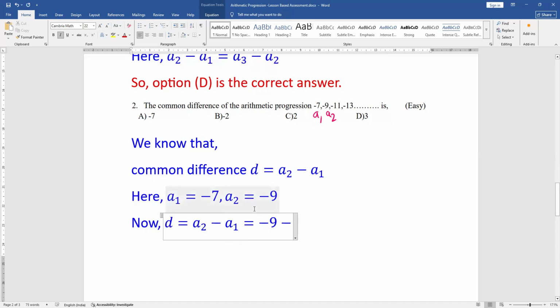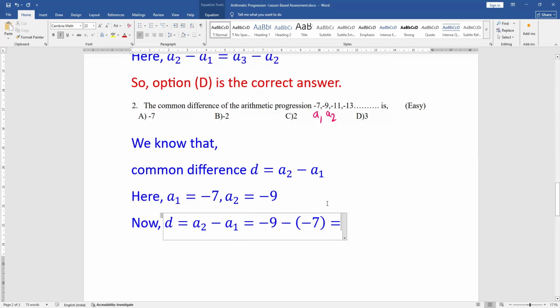So a2 is -9, a1 is -7. Again I use a bracket. Whenever you come across any negative sign, please use brackets. So I'll write -7 and enclose it with a bracket. Now -9 minus of -7.